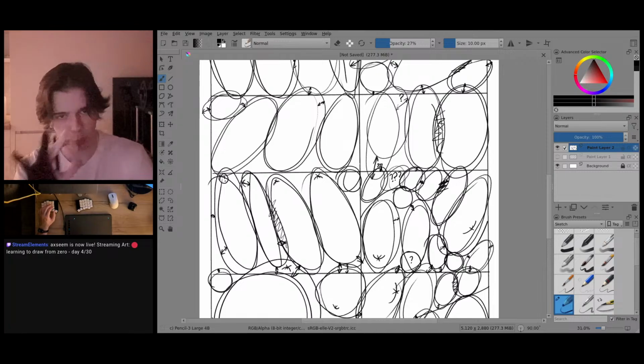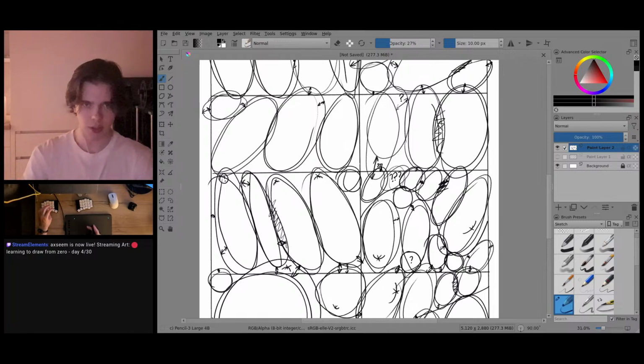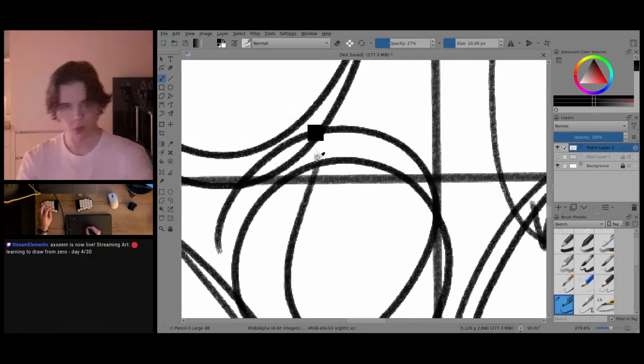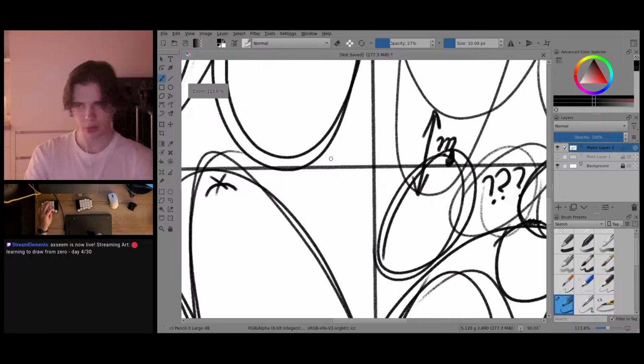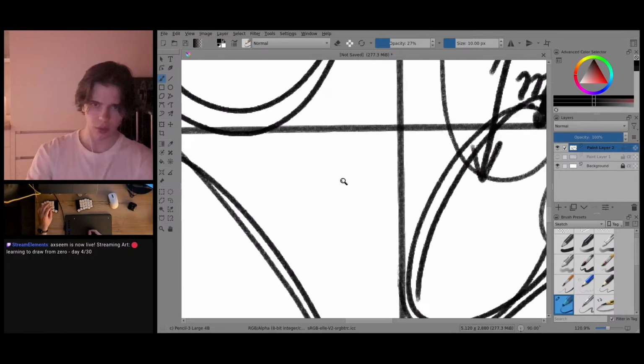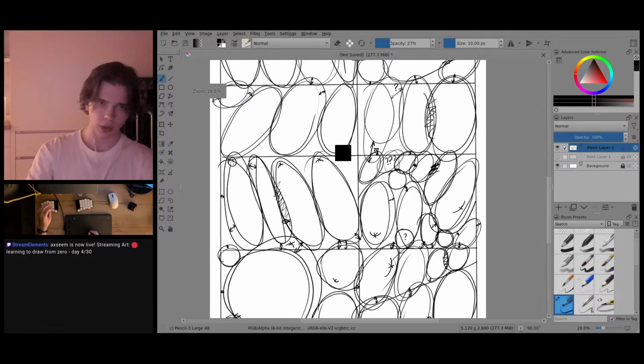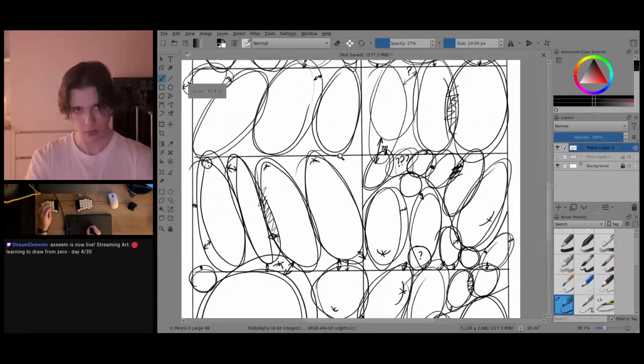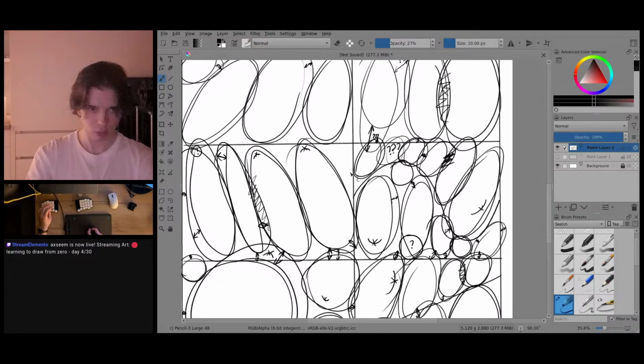Like when I put the pen on the tablet, something happens and everything goes to shit. Like I just physically felt it. I feel like I stopped. Like I was tracing, I put the pen, I stopped, I started thinking, then I continued to draw, and that's where the problem emerged.